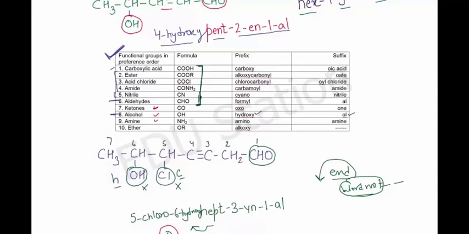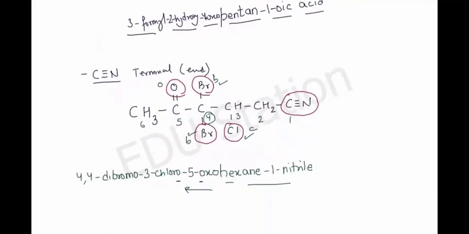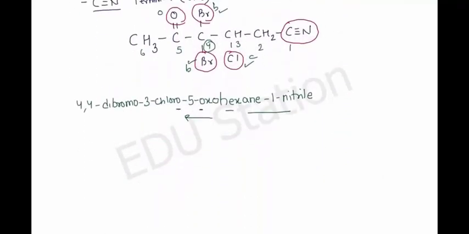Now if these groups are not preferred, their carbon should not be the part of the longest chain. We will take one example, in fact we will take two examples just to show this point, that if they are not preferred, we do not include their carbon in the longest chain. So let's take one simple example first.